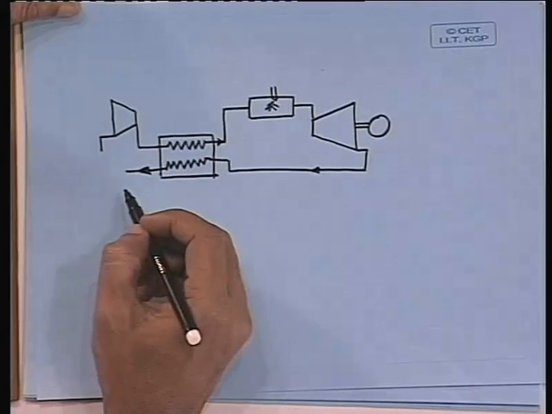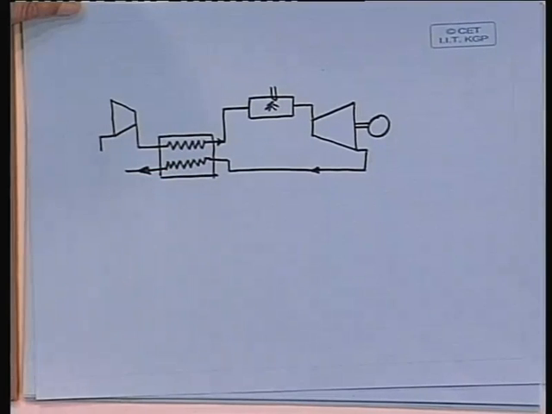So, if we want to show a closed cycle, then this will be something like this.